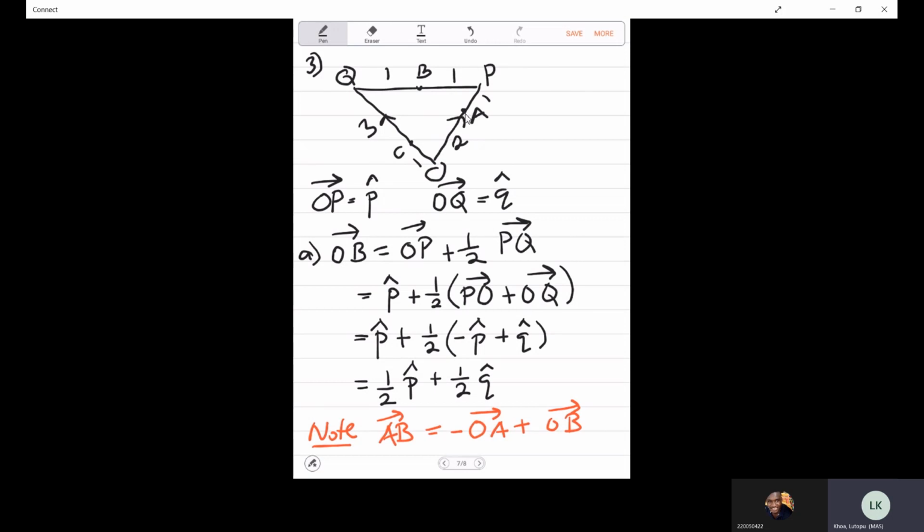But I think it's easier to go from A to O because I worked out what OA is. It was B part, and then I know what OC is. So that's easier because I'm just using solutions from questions that I solved instead of trying to find this PB, but you can do that. There's nothing wrong with that.